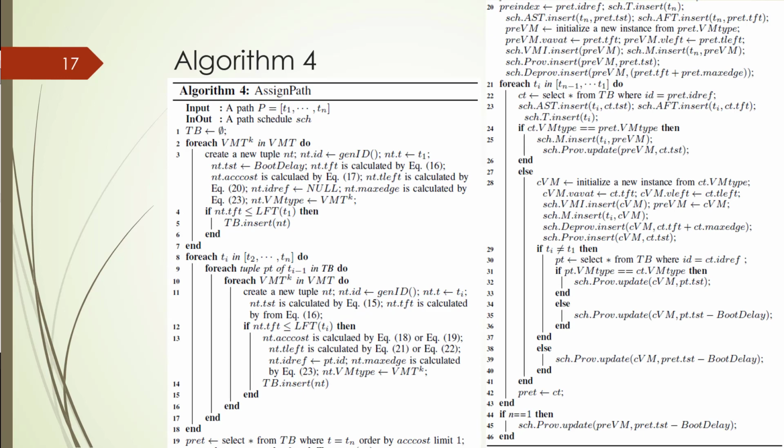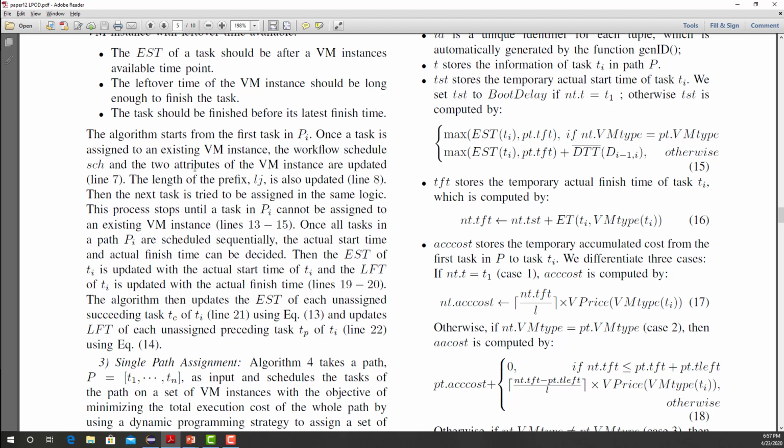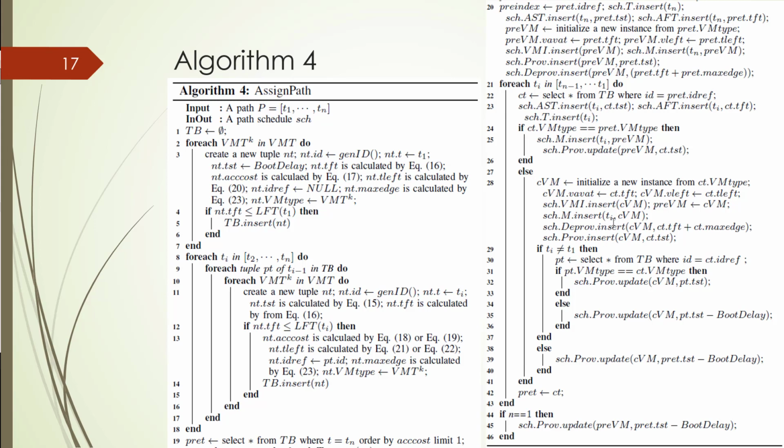And equation 16 is this equation, which is calculated by nt.ft is equal to the nt.st plus the estimation time of the task ti over the virtual machine type vti.